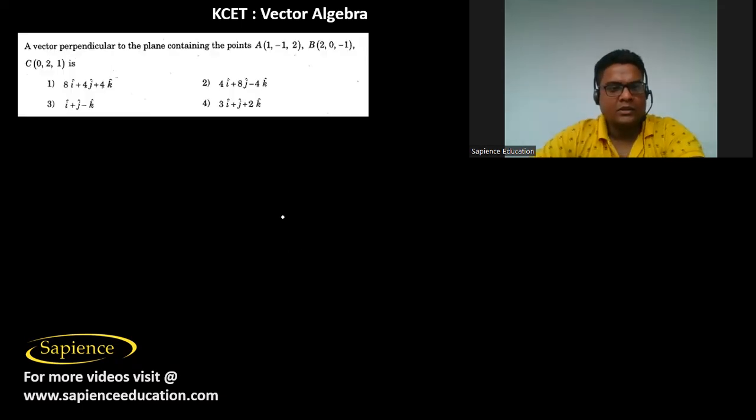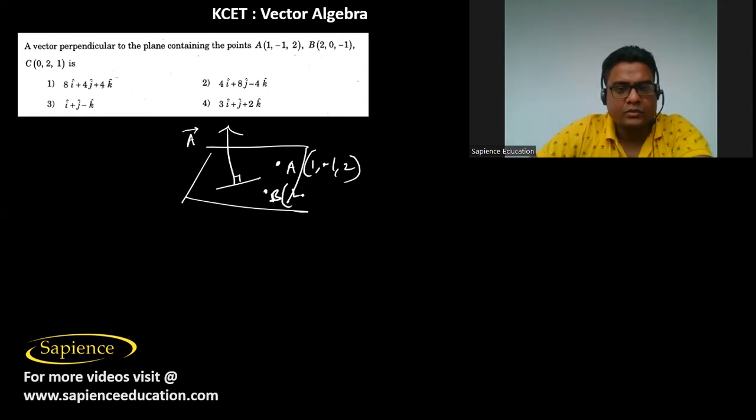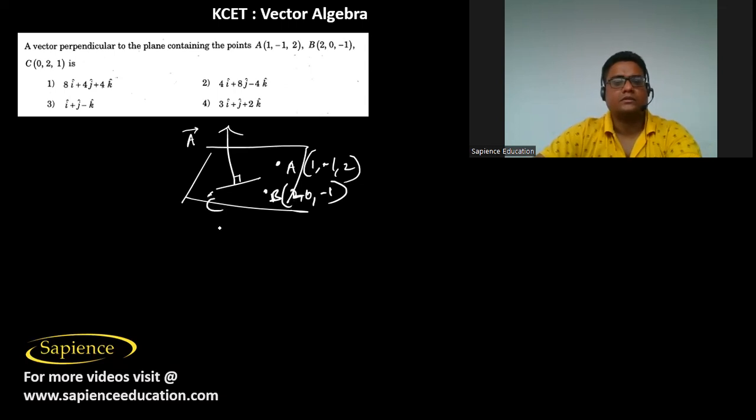Then it is told a vector that is perpendicular to the plane containing the points. So this vector A we have to find, which is perpendicular to this plane, which contains the points A, which is 1 comma minus 1 comma 2, point B, which is 2 comma 0 comma minus 1, and C, which is 0 comma 2 comma 1.